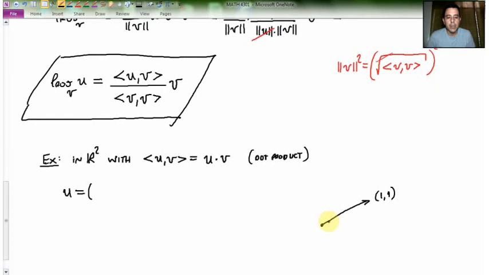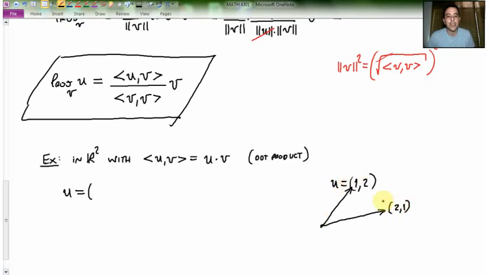Let me give a better example. Here is 1, 2, and this is 2, 1, there we go.